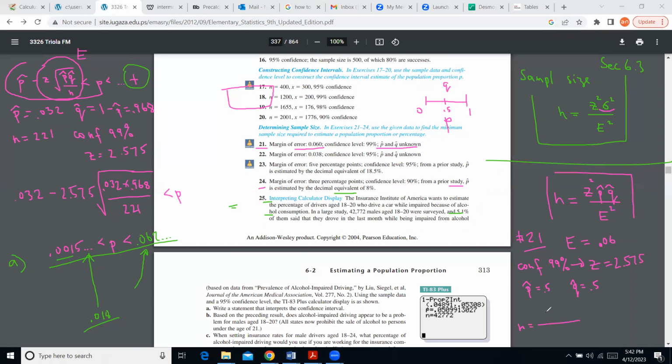So z, 2.575, that I square, then multiplied by P and by Q, so by 0.5, and then by another 0.5 once again, and then divide this by error 0.06. So we got these numbers to plug in the calculator carefully.